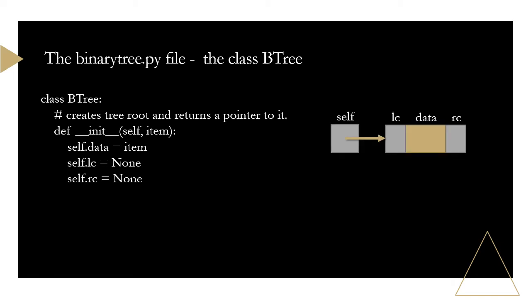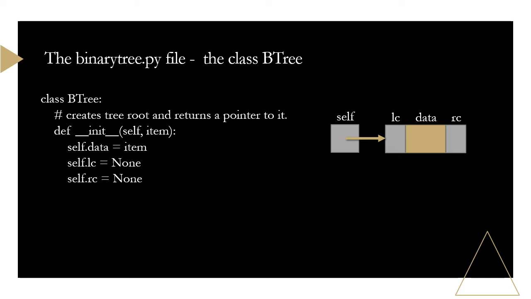The init function takes the pointer of the object that you have created and it creates a node containing three fields: data, LC, which stands for left child, and RC, which stands for right child. In addition to the pointer to the object, you are also providing the init function a value called item.